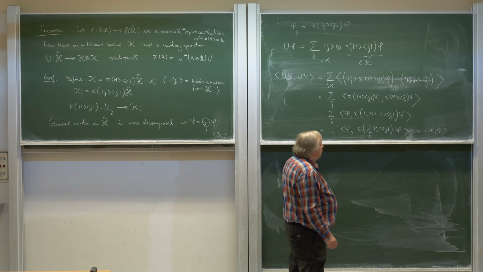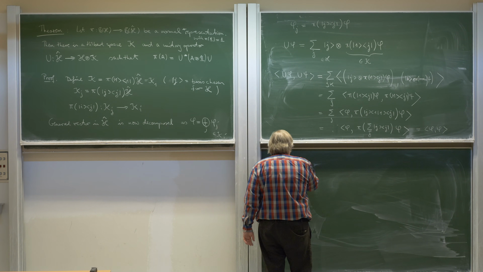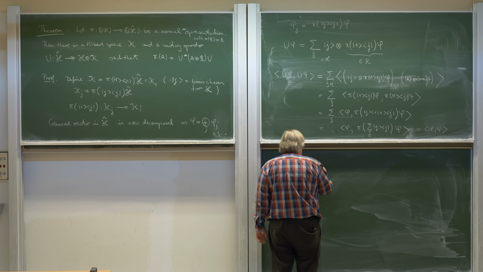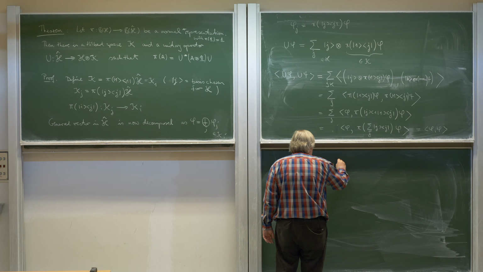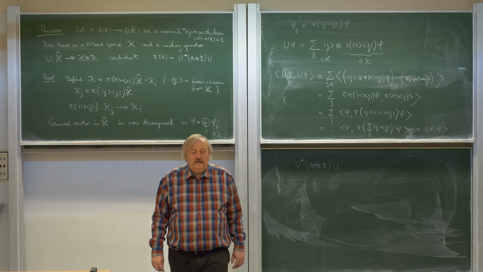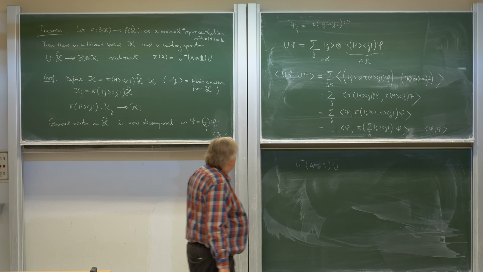Now, how about the representation? So we have to compute U star A tensor the identity U. And we still have to check that relation for the representation. That is our main target there.